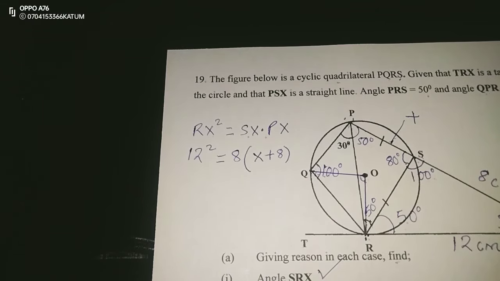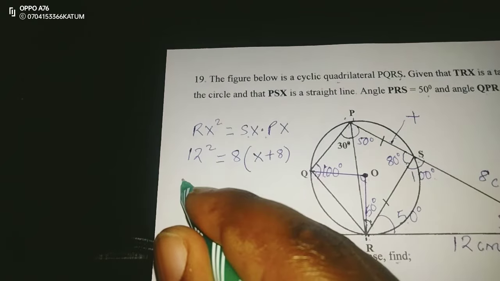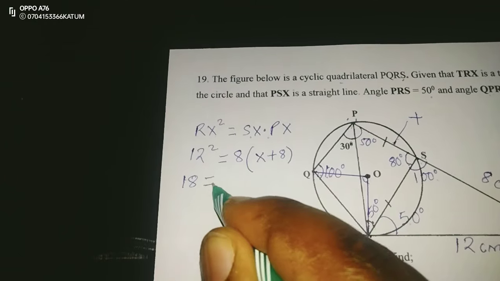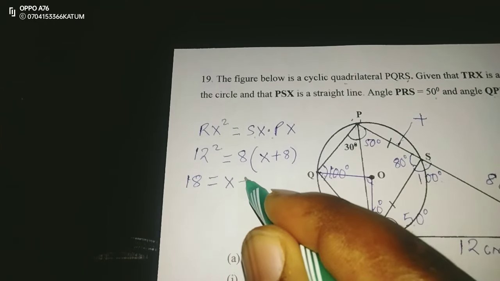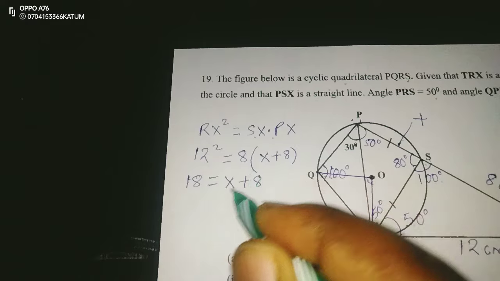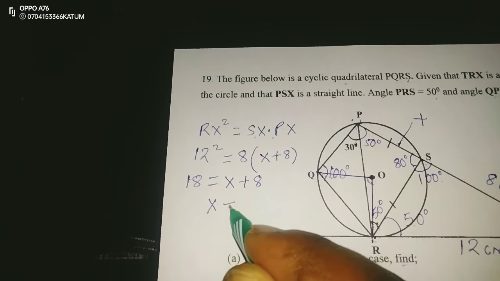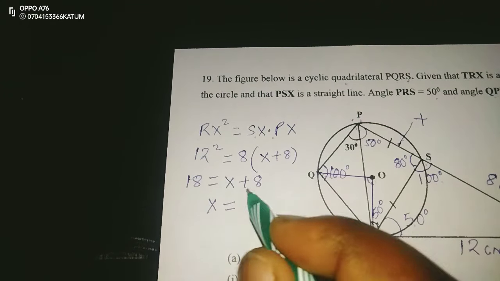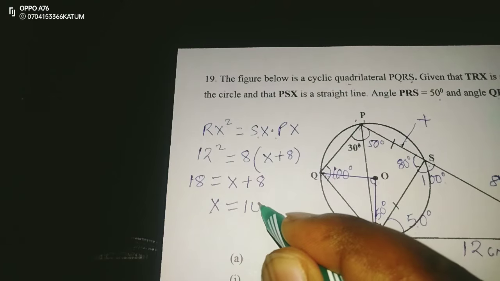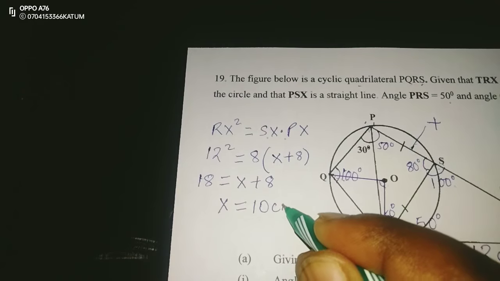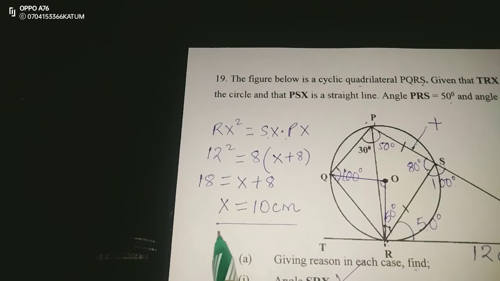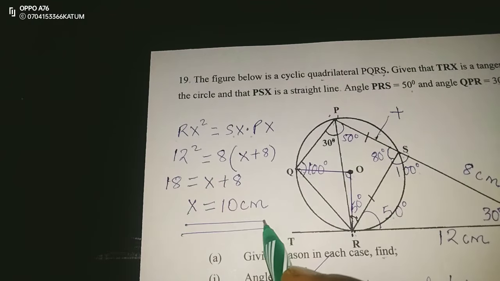We can divide it by 8, so that we have 18 equals x plus 8. To remain with x, we need 18 minus 8, giving us a length of 10 centimeters. So that is how we obtain the remaining length.